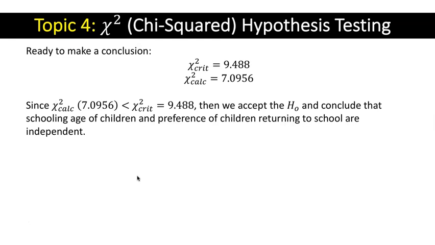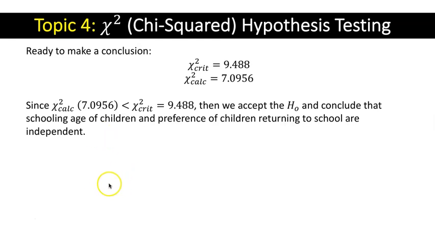It really has nothing to do with their decision on whether they are in favor, against, or have no opinion or are undecided about whether or not students should return back to the classroom. Okay, so there's not enough statistical evidence to suggest that there is something going on here with this decision.